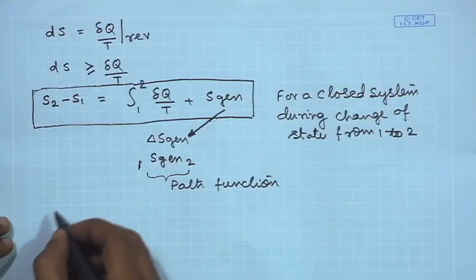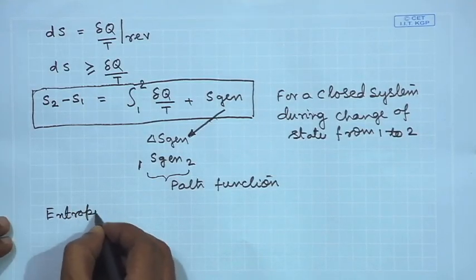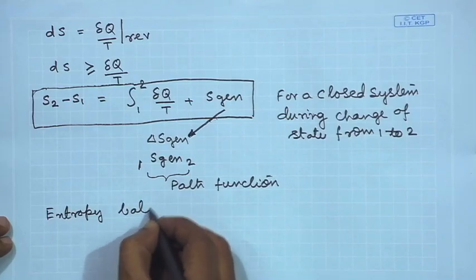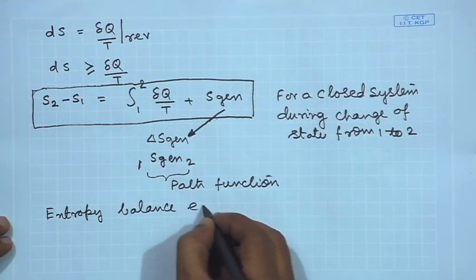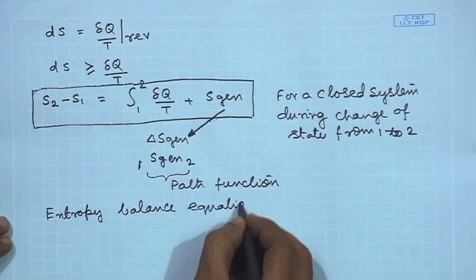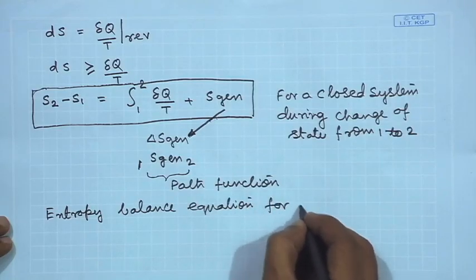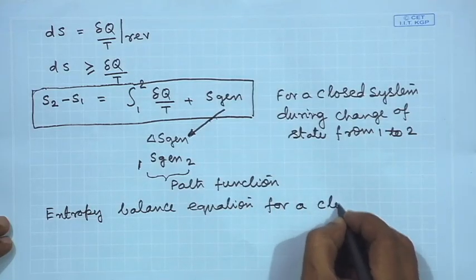So, this is a very important equation, and this equation is called the entropy balance equation for a closed system.